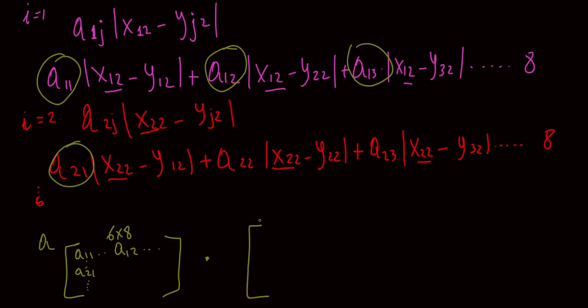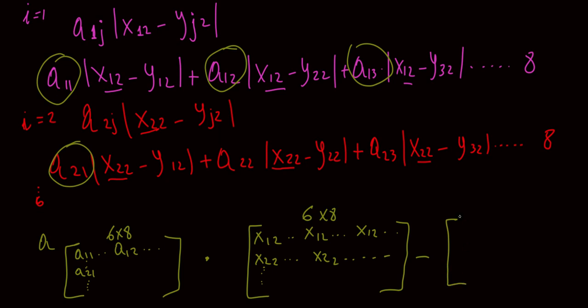This X matrix, you see, is formed with x12, x12, all this row is the same, x12, 8 terms. Next row is x22, x22, x22, 8 terms. And you can continue doing this 6 times. So this is again a 6 times 8 matrix, minus another matrix here.